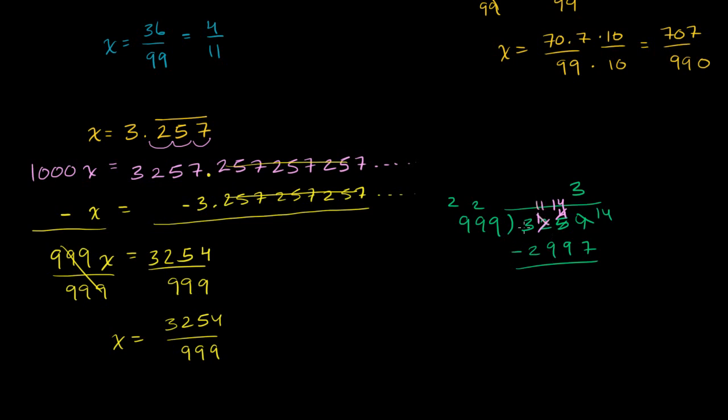This would be an 11, and then this is a 2. 14 minus 7 is 7. 14 minus 9 is 5. 11 minus 9 is 2. So we are left with, did I do that right? Yep. So this is going to be equal to 3,257 over 999. And we're done.